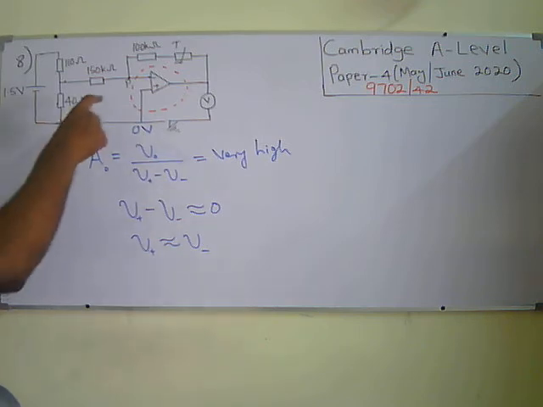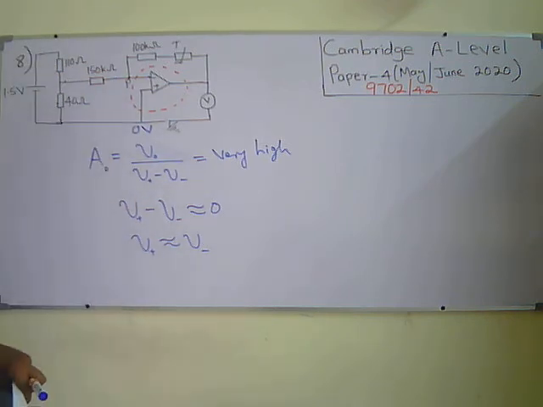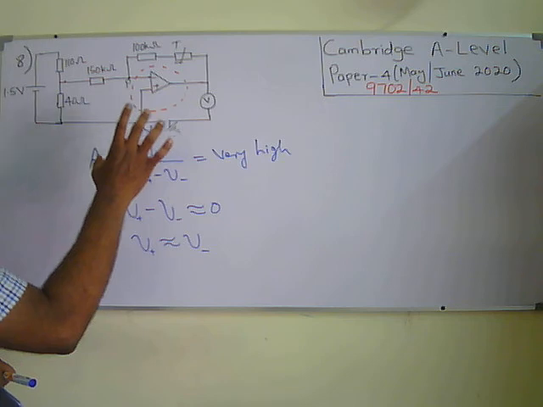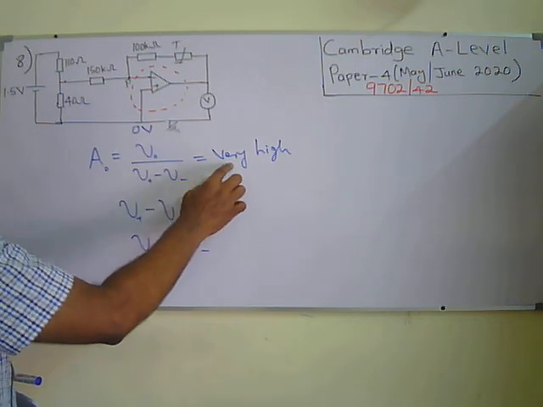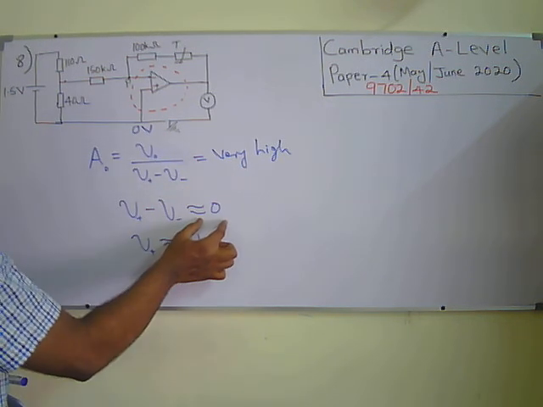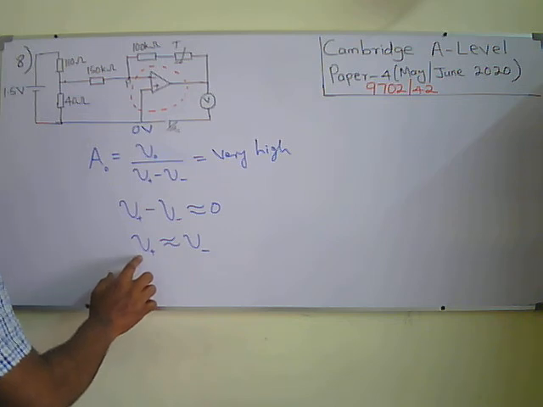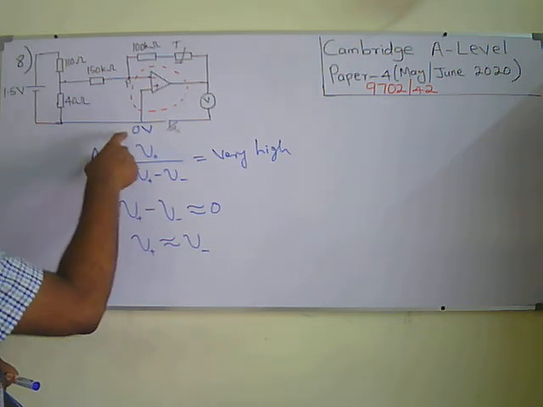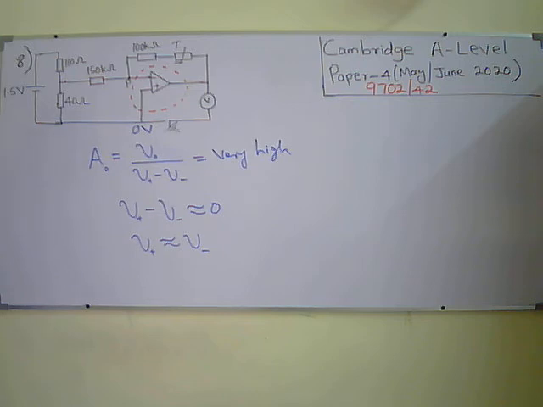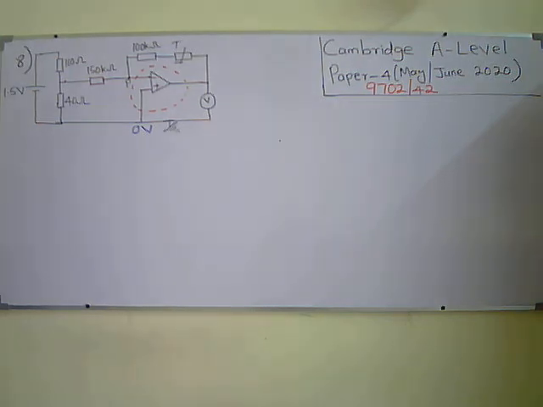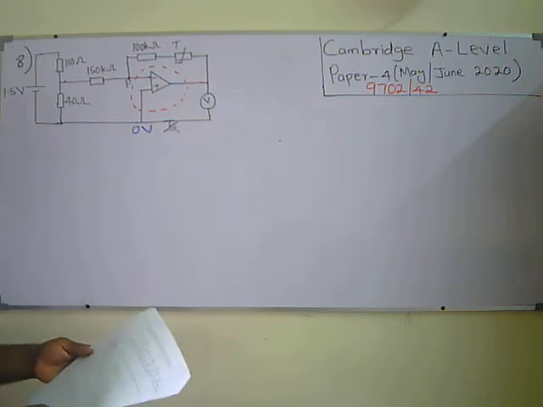Therefore it's a virtual earth point. The marks can be given as 1 mark for saying very high, therefore this is equal to 0, then V plus equal to 0 since it's connected to earth, therefore V minus is also equal to 0. Okay, that was the answer for B part first part.